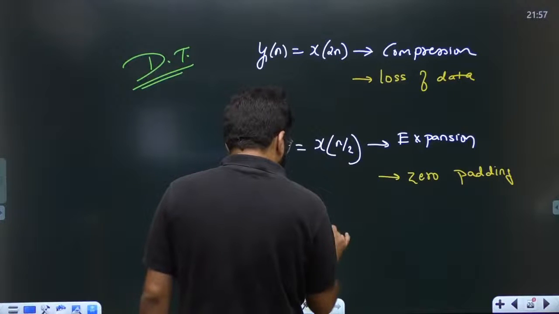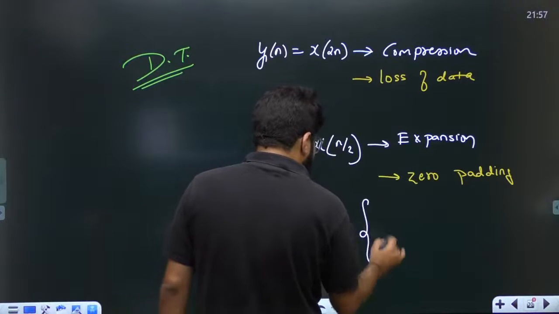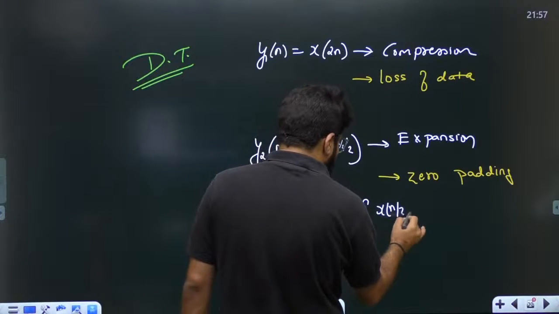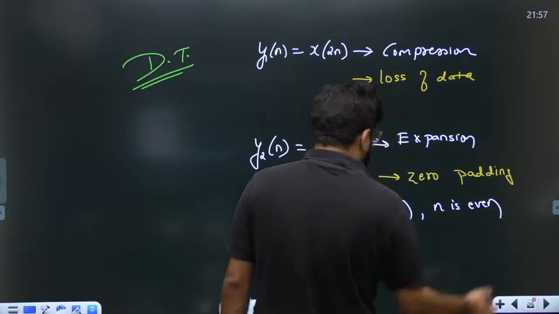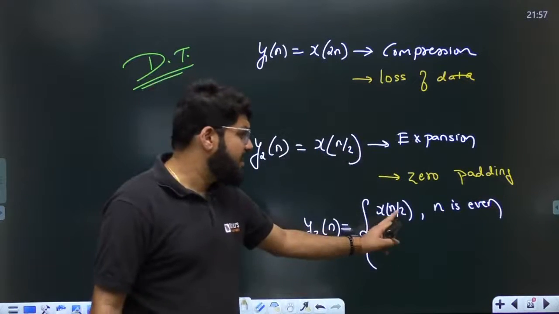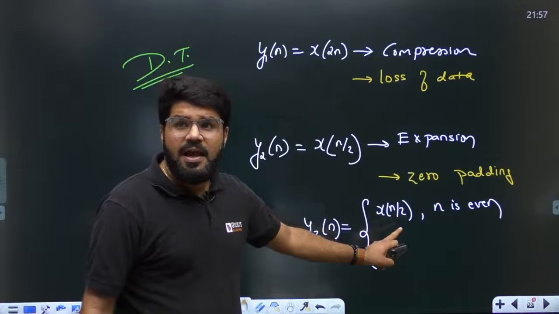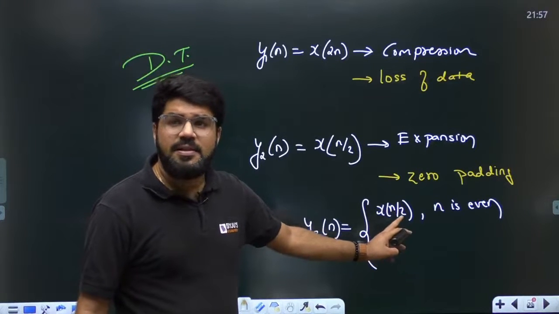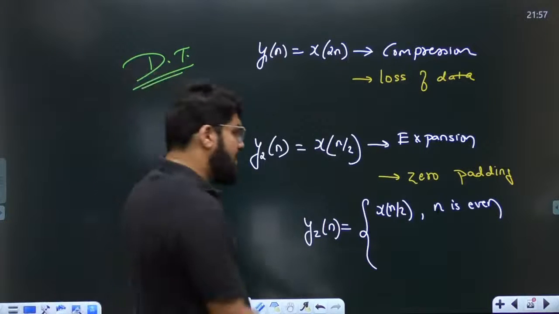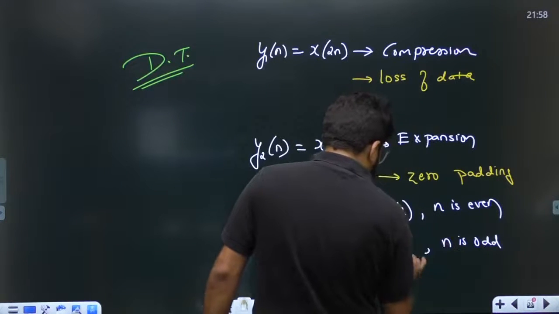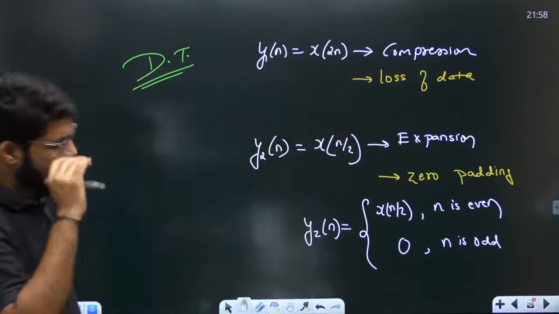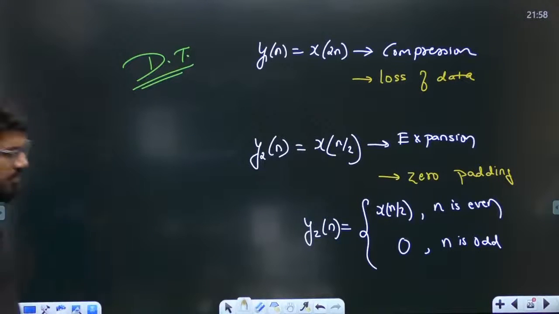It is equal to x of n by 2 for all even values of n, because even divided by 2 will be an integer. Inside any discrete time signal, the argument should be an integer. But if n is odd, it is going to be 0.